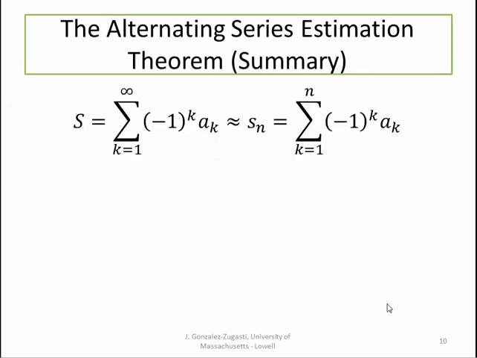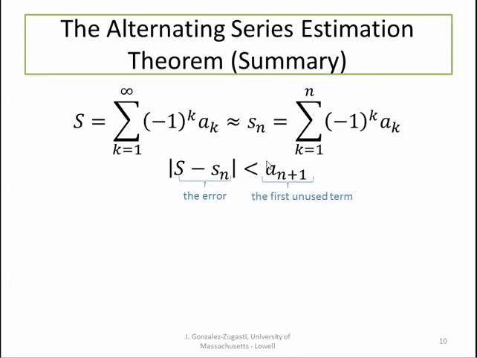Alright, so just writing out what that says again, it's telling us that the sum of the whole series is approximately equal to the sum of the first n terms of the series. And that if we want to know how far away that error is, the absolute value of the error is going to be less than your n plus first term of the series. This right here is what we call the error.